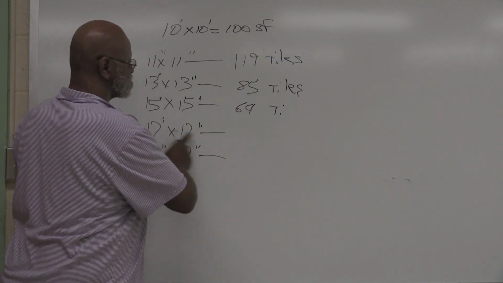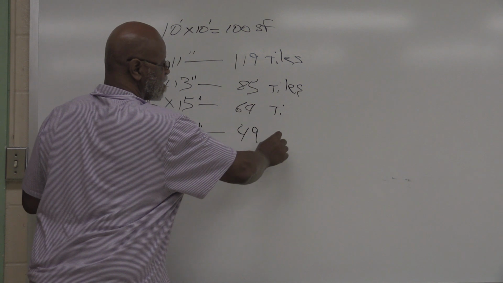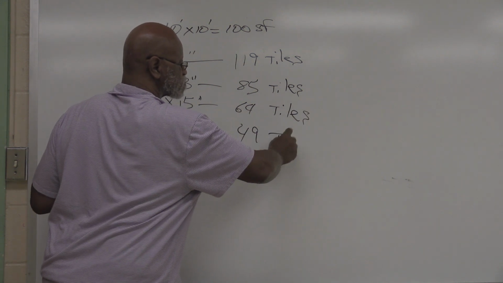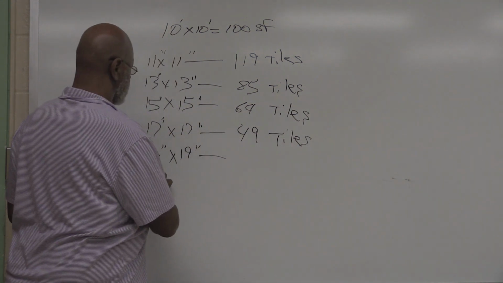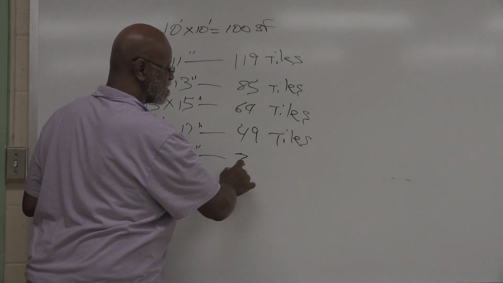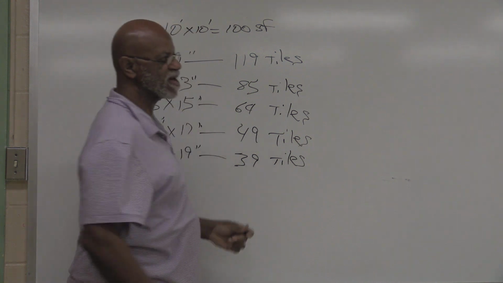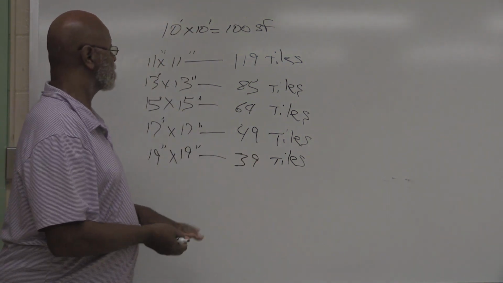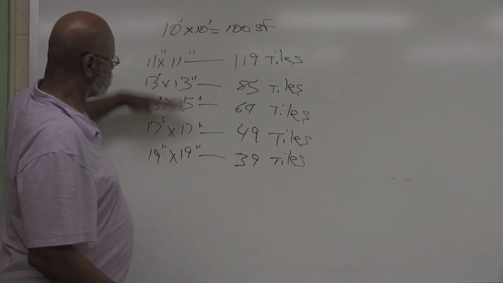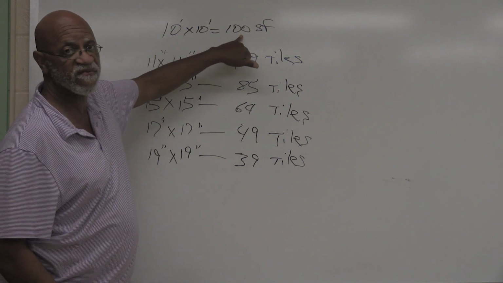So let's say for 17 by 17, you need 49 tiles. And then for 19 by 19, you need 39 tiles. You know, there's more. I'll give you more later. So these numbers are based on 100 square feet.